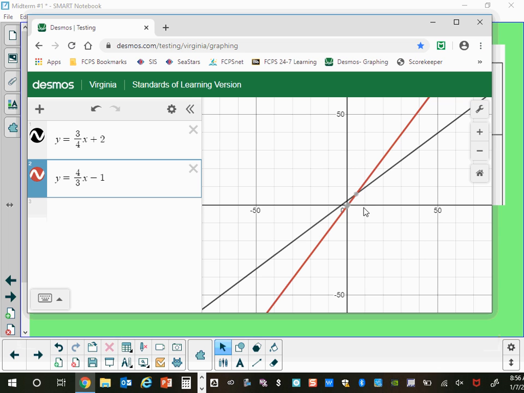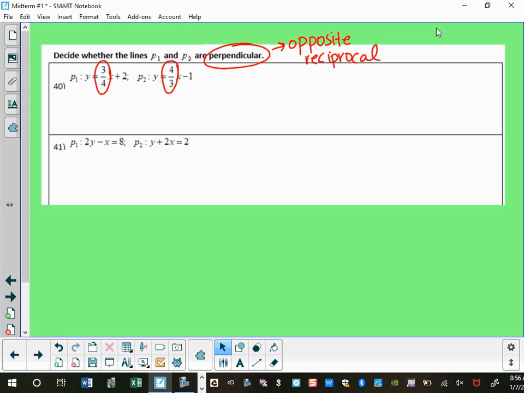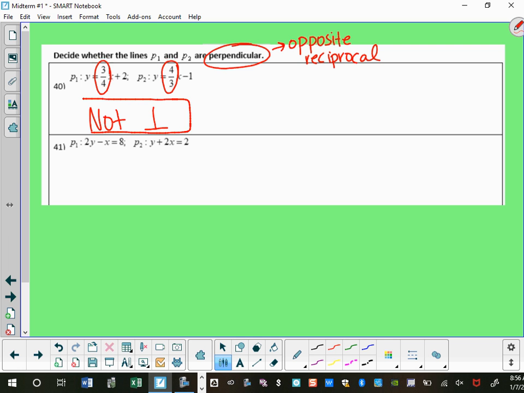No. They're crossing, but is it a perfect right angle? No, because they are reciprocals, but they're not opposite. Let's see what happens when I make this 4/3 a negative. You see how that's a right angle? That's the difference. So this is not perpendicular. It has to cross at a perfect right angle. That's the sign for perpendicular.